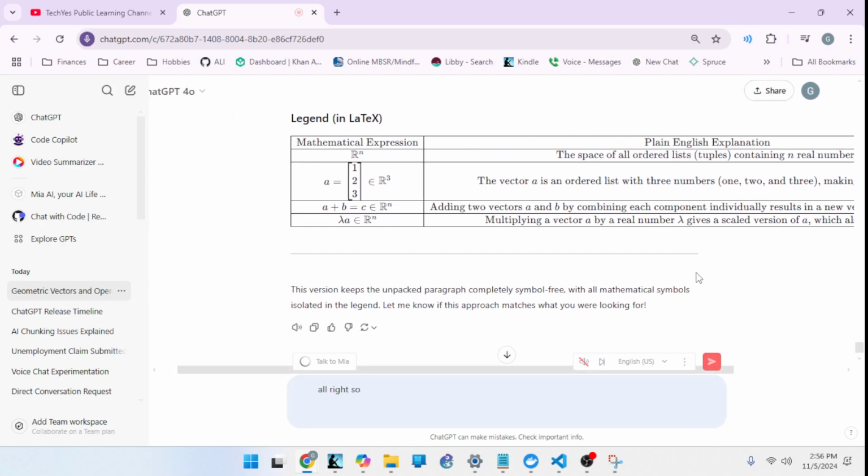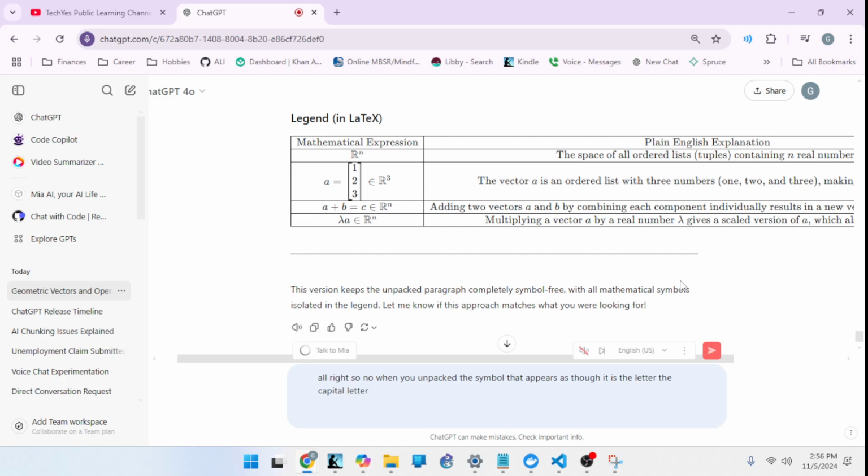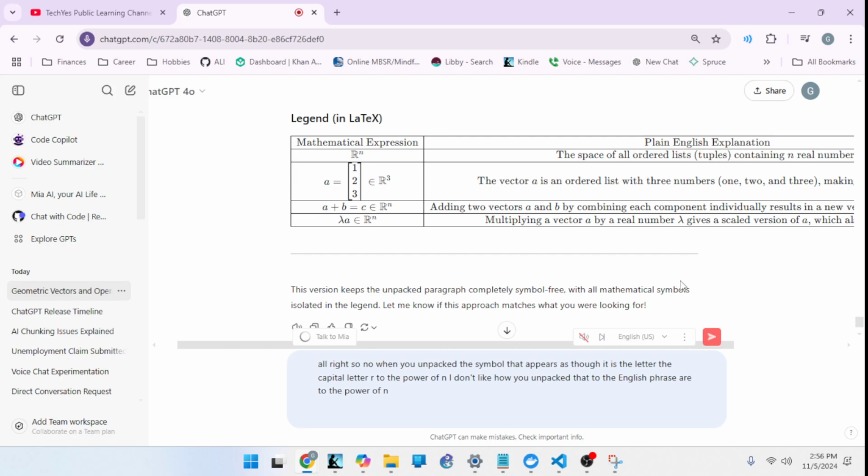all right, so no, when you unpacked the symbol that appears as though it is the capital letter R to the power of n, I don't like how you unpacked that to the English phrase r to the power of n, because, like, that's not what it is, right? It's not a letter R. It's like a symbol representing something.